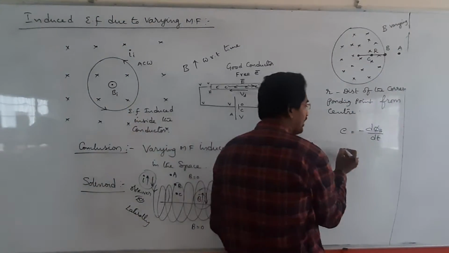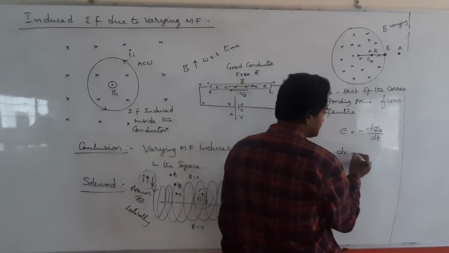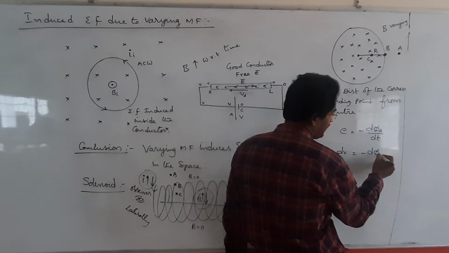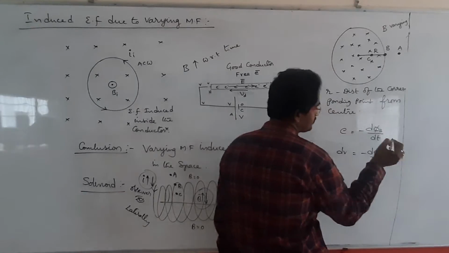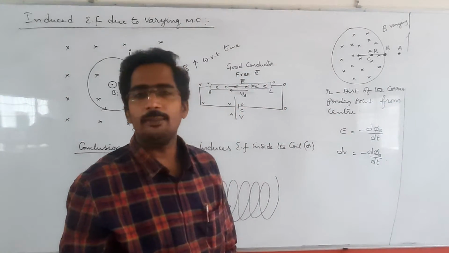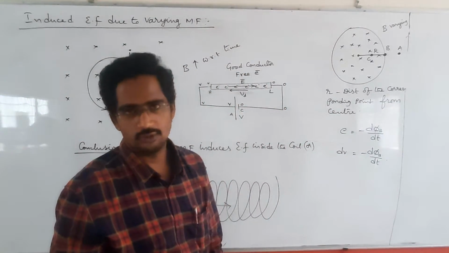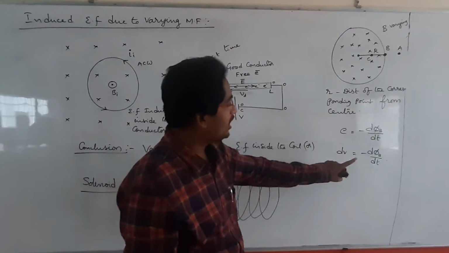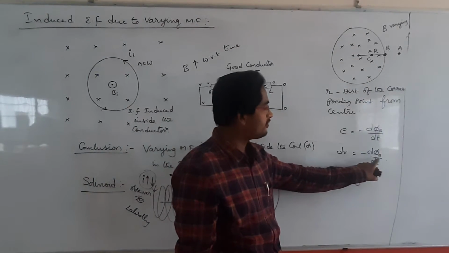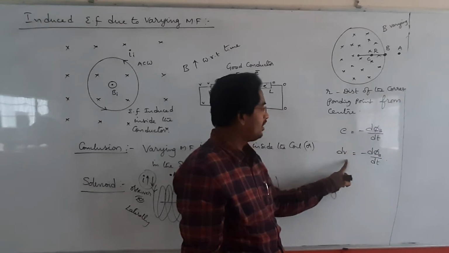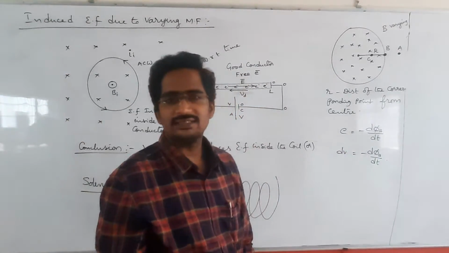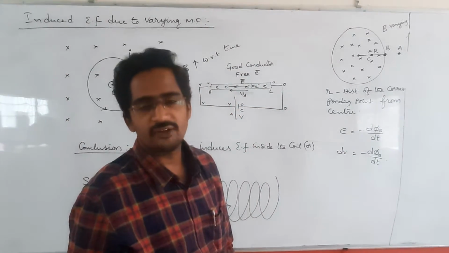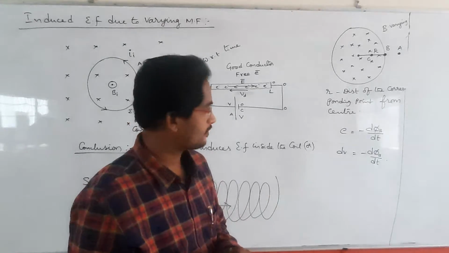Already I told you, it is the potential difference, equal to minus d phi B by dt. Phi B means magnetic flux. So the negative rate of change of magnetic flux is called induced EMF or potential difference.